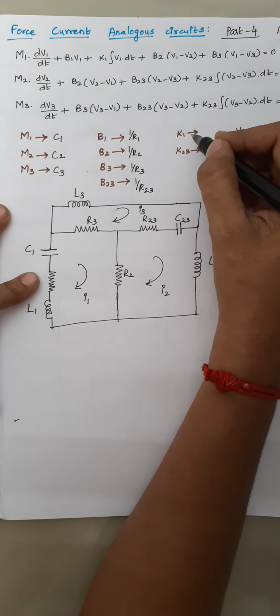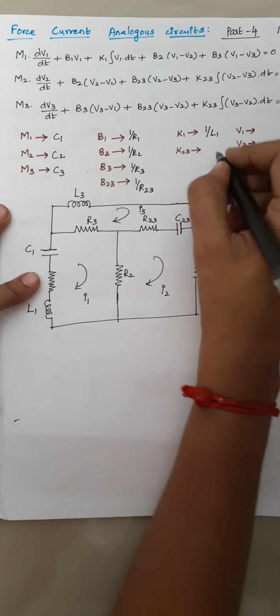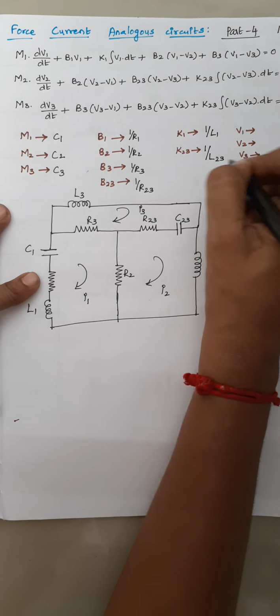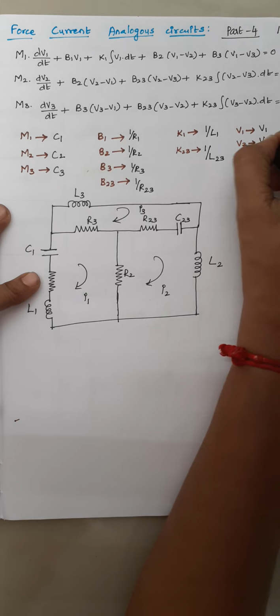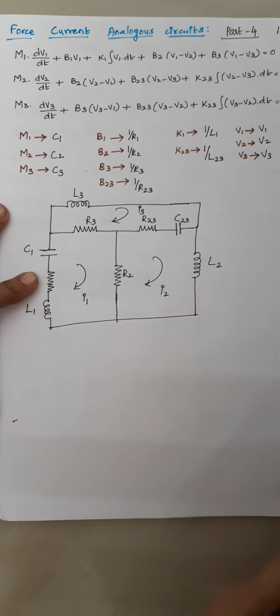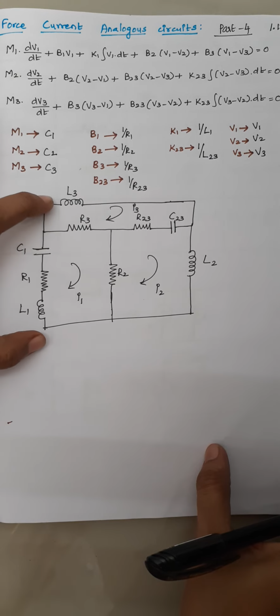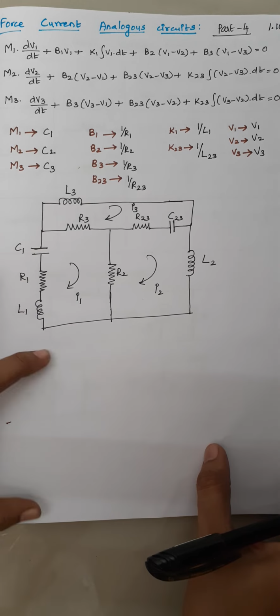The next one is k1, which should be replaced as 1 by l1, and k23 should be represented as 1 by l23. And v1, v2 and v3 remain as such, right? So this is our force voltage analogous circuit, and from it we are going to draw the force current analogous circuit.